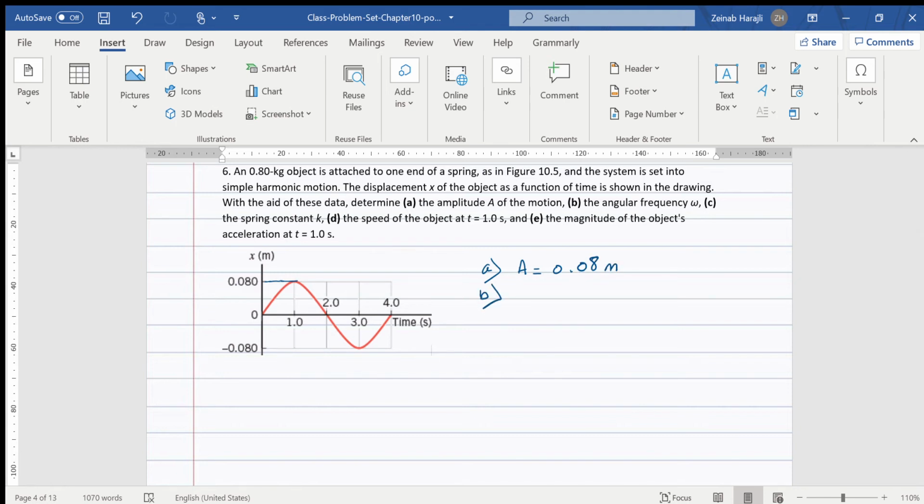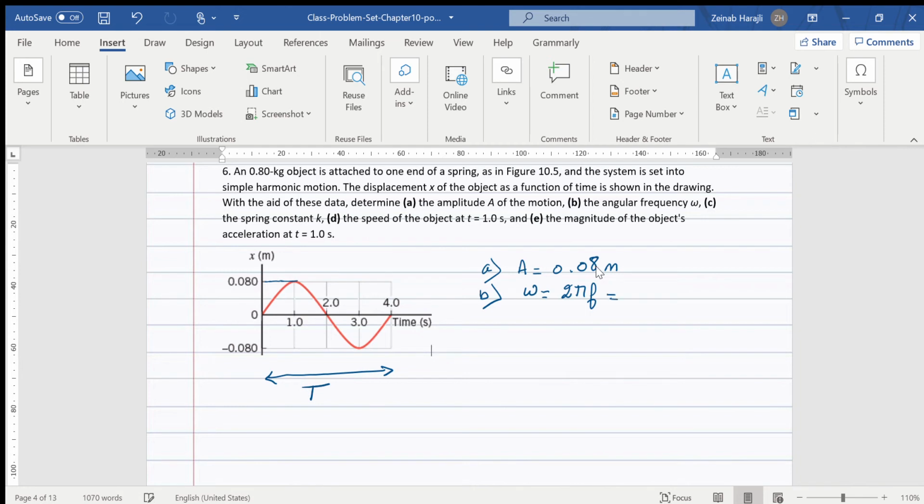In part B, the angular frequency omega, remember that omega is related to the frequency by 2 pi f. Now, from this graph, we can find basically the period, which is the time for a full oscillation.